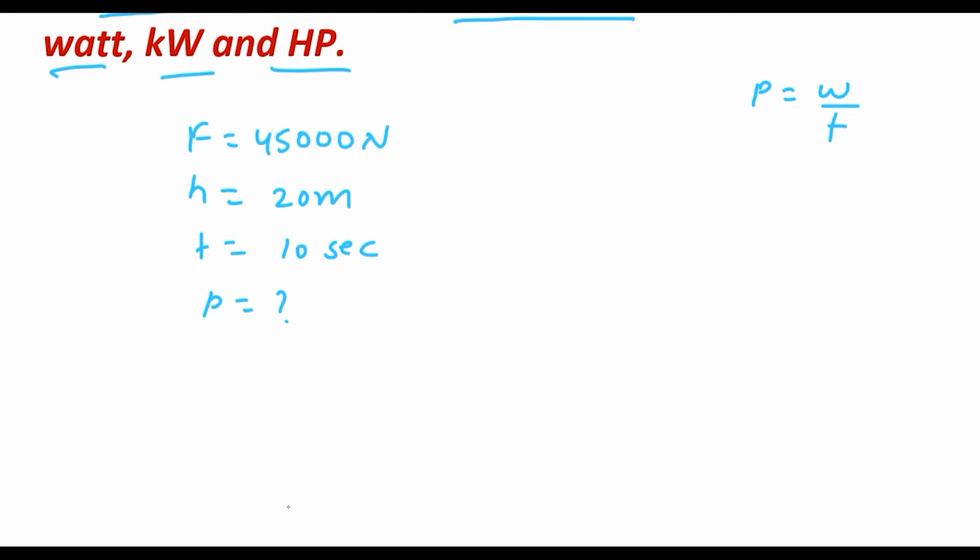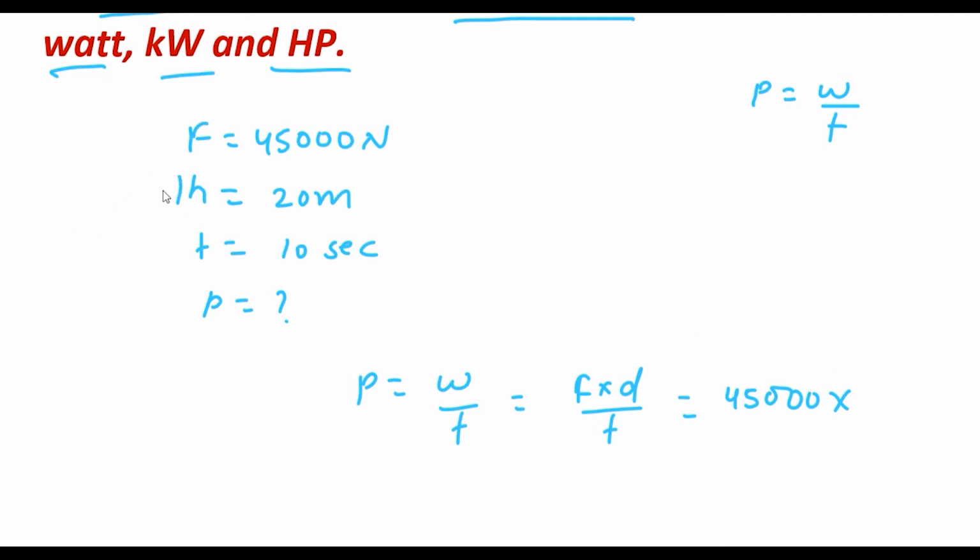So we know that power is given by work done upon time taken, and work done means F into D upon T. We know that work equals force into displacement, or distance in the direction of force applied, and we have the value of the force, that is 45,000 into D, and D means distance or height.